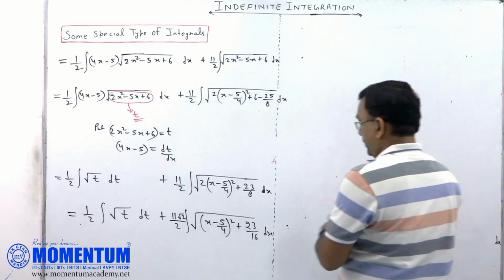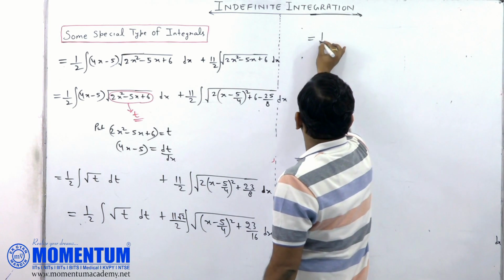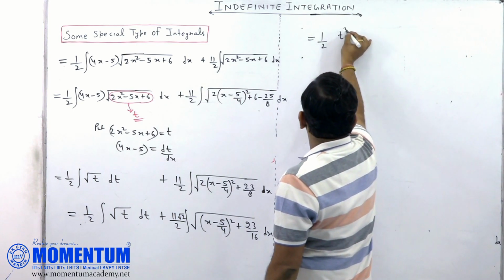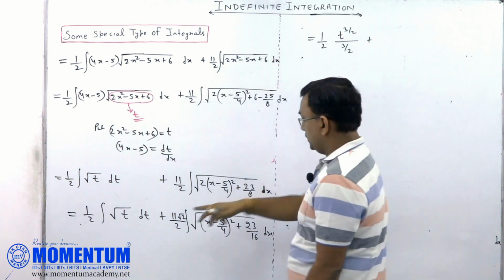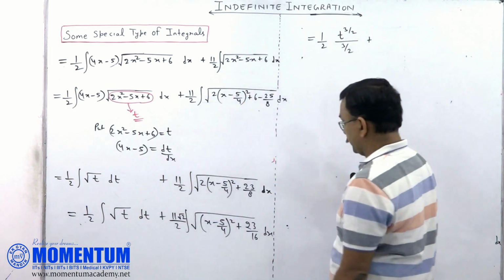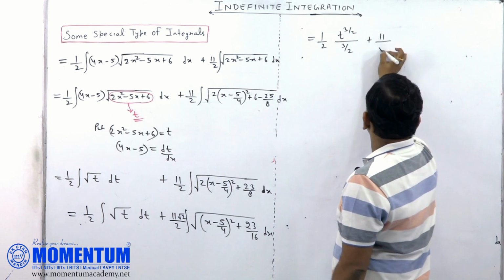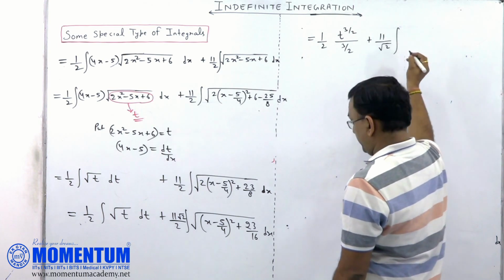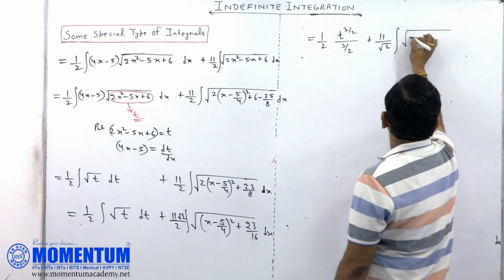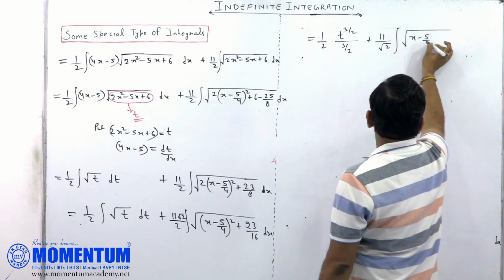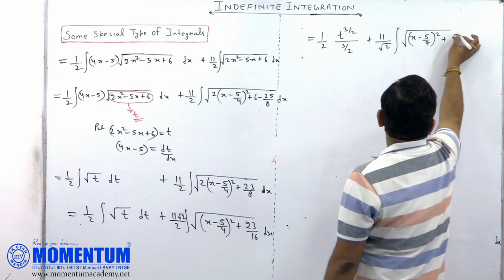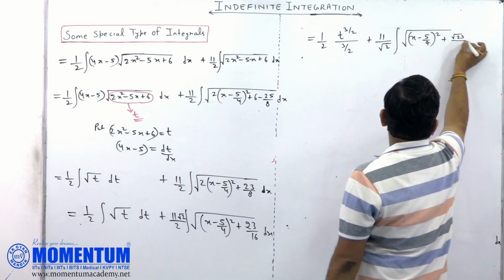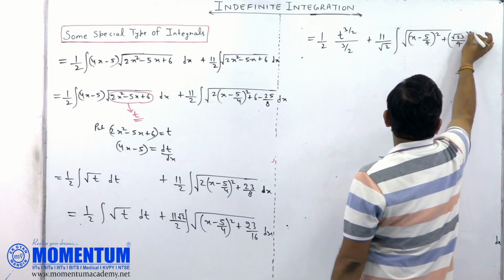So now we have 1 by 2 t raised to the power 3 by 2 divided by 3 by 2. रूट t का मैंने इंटीग्रेशन कर दिया प्लस 11 by root 2 इंटीग्रेशन ऑफ रूट ओवर x minus 5 by 4 whole square plus root 23 by 4 whole square.